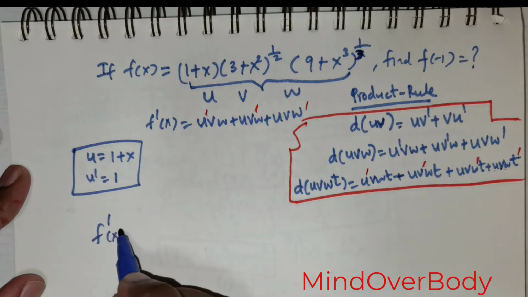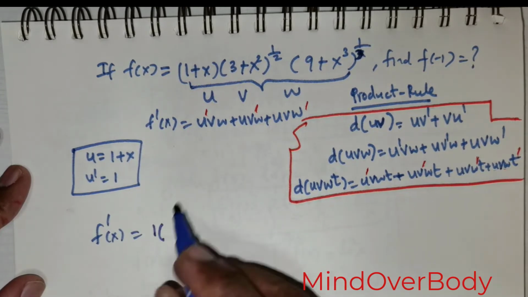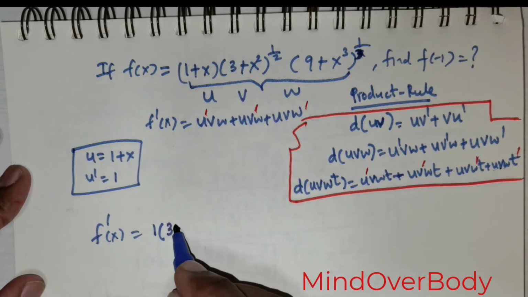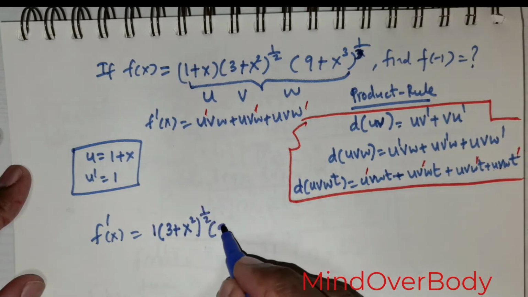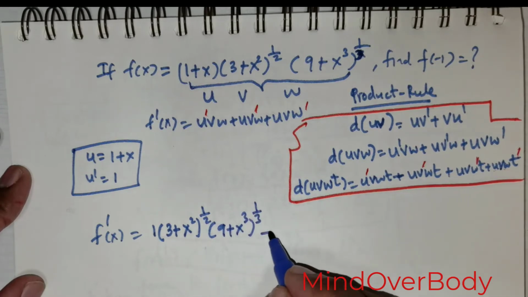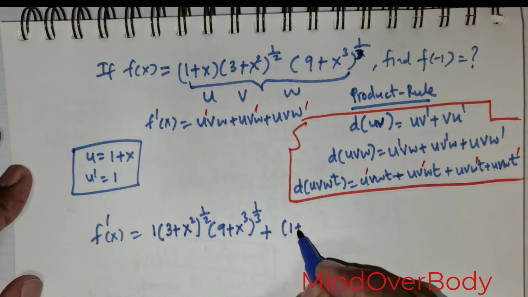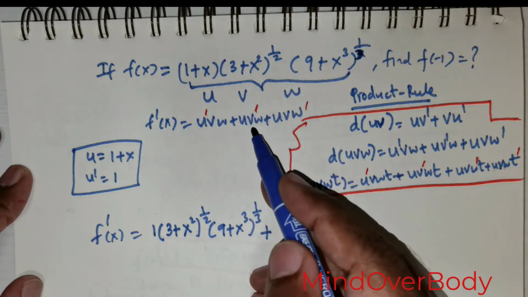F dash of x is equal to differentiation of u is going to be 1 times the quantity v and w, that's going to be 3 plus x squared raised to the power of 1 over 2 times w is 9 plus x cubed raised to the power of 1 over 3. Plus, my u is 1 plus x, my v dash, I need to get my v dash.